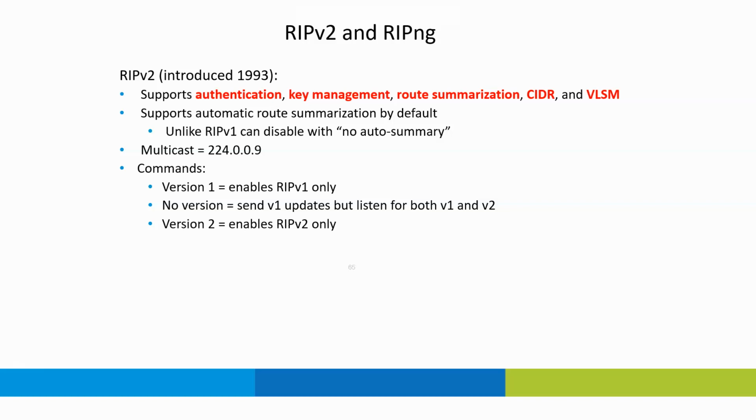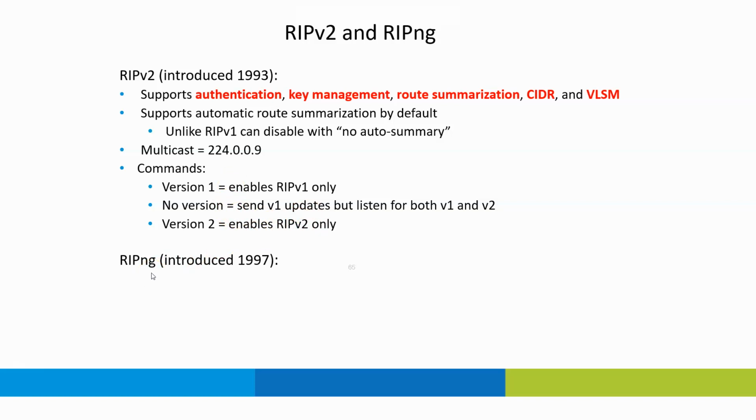So you may have some systems that have version 2 or configuration or no version, and it will send the v1 updates, and it's going to accept updates from both v1 and v2 devices. v2 is only going to accept or communicate in RIP version 2. RIP version 2, again, multicast address.